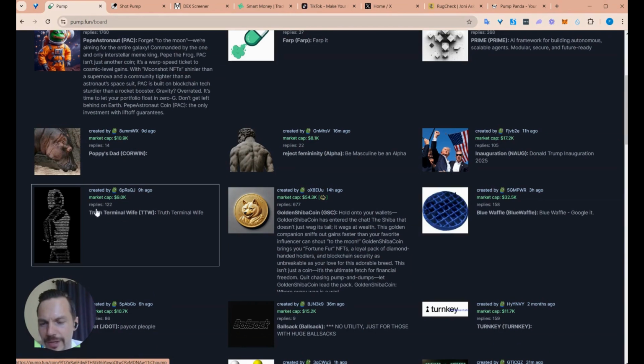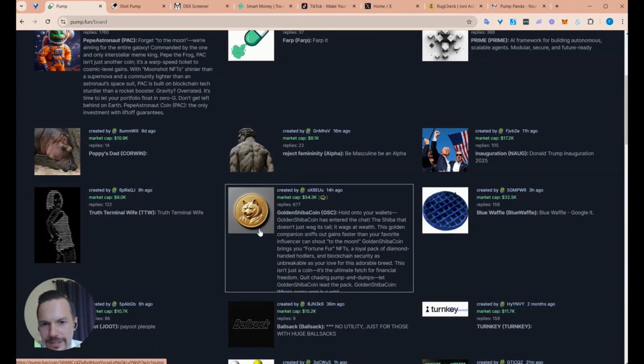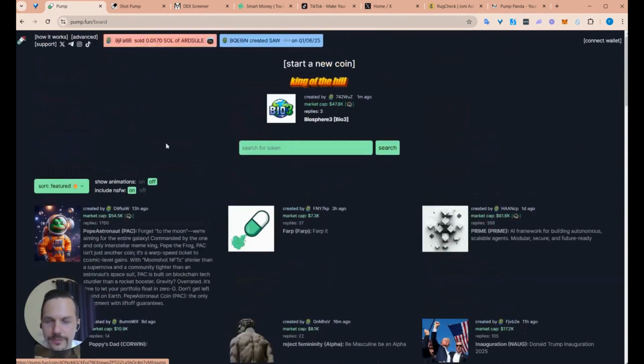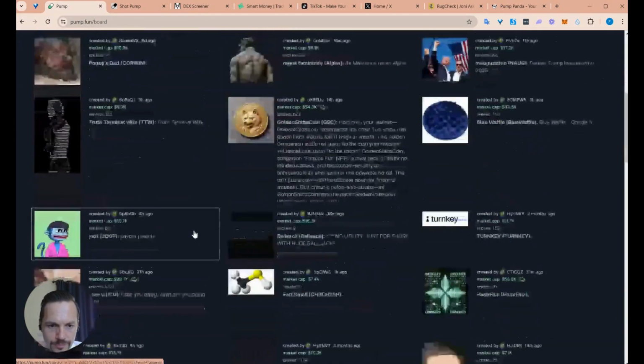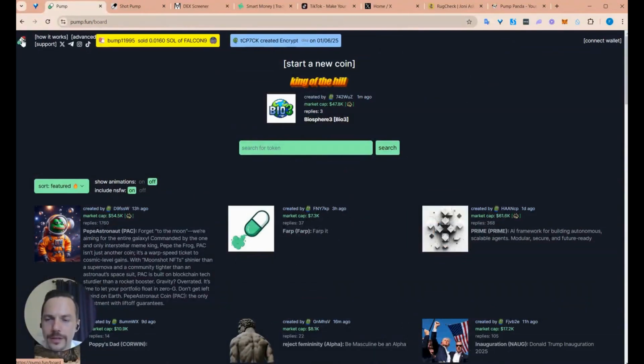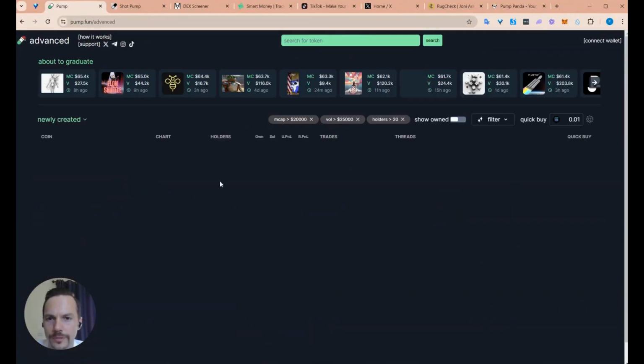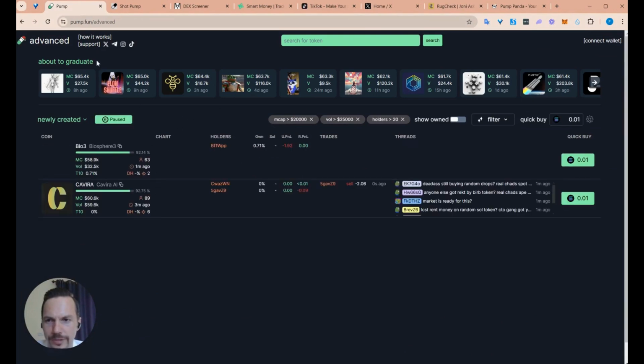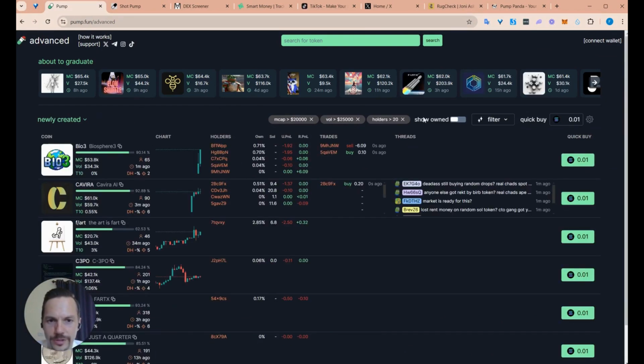9 hours ago, the market cap. Exactly, and then there's sometimes a text accompanying it. So you can scroll through here a bit, click on a few coins to get a feel. Then you can also filter up here more precisely. If you go to advanced, you can set certain filters.